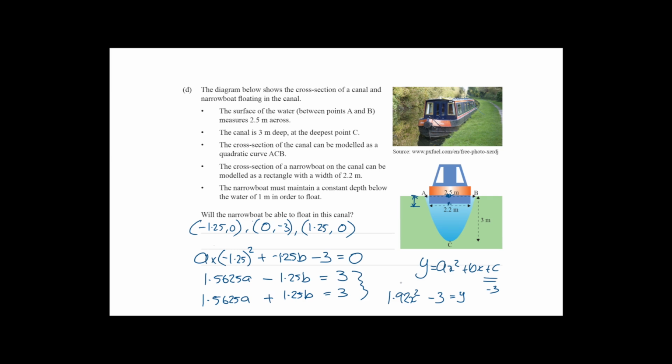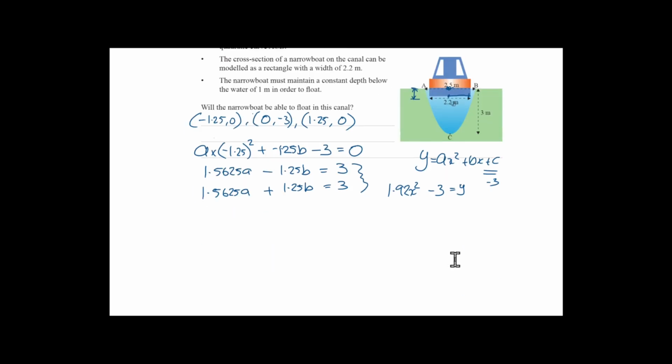If that's 2.2, that must be 1.1 from there to there. So when we put in x equals 1.1, do we have a number which is greater than or less than 1?